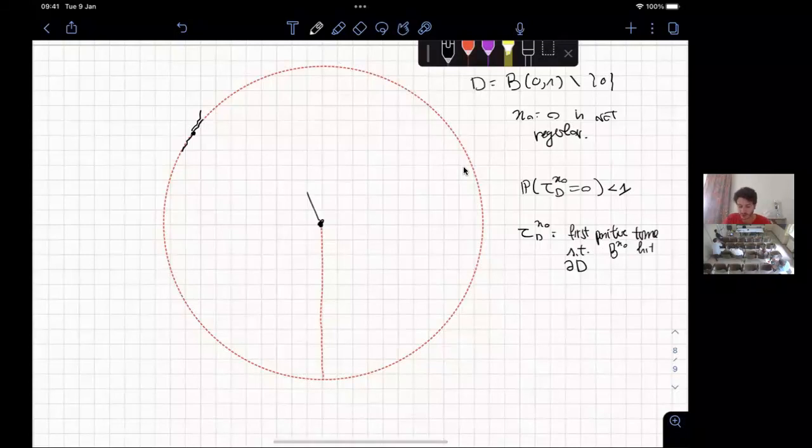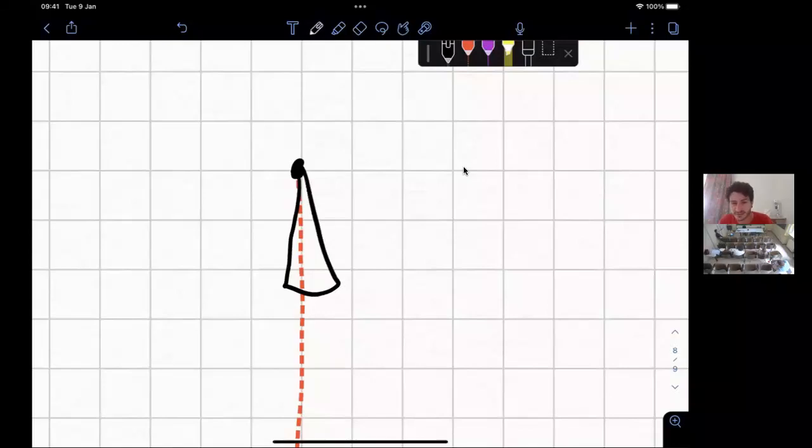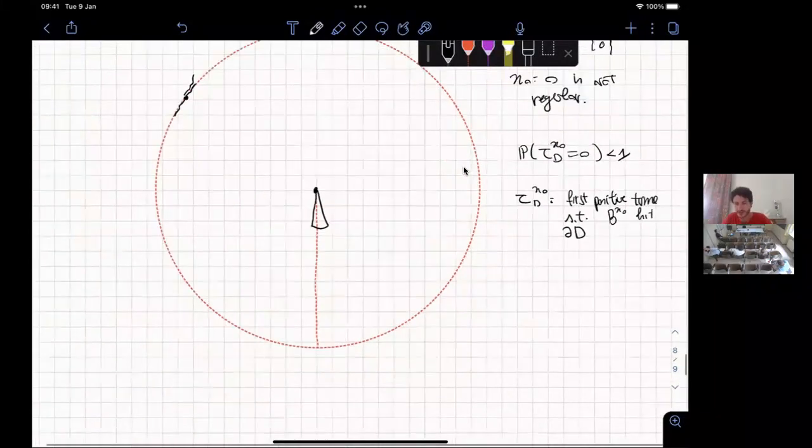You just show that you're able to build a cone which is completely included in the complement of the domain, which for instance in dimension 2 is not clear to me at all how it would be possible, a cone centered here which is contained in the complement.